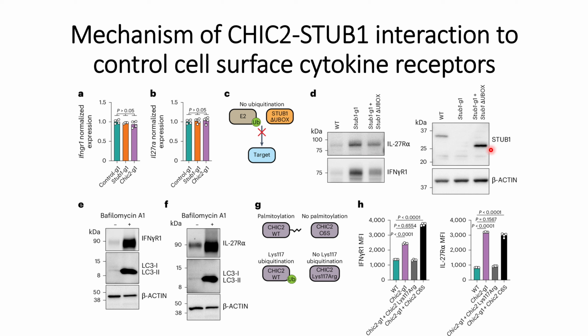Here they validated their hypothesis in panel D: when STUB1 is knocked down and retransduced with the U-box region trimmed out, they are able to see more STUB1 compared to the wild type.